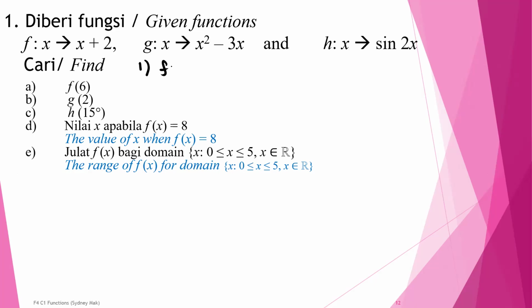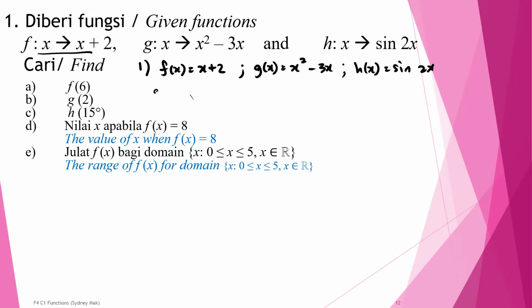Number 1, I have fx, straight away go to the equation. I have gx, I have hx. You understand? This is how we do maths. Copy the question without copy the whole question. Just take the important stuff. So instead of copying this, go straight to this lah. After all, we are using this in terms of equation.